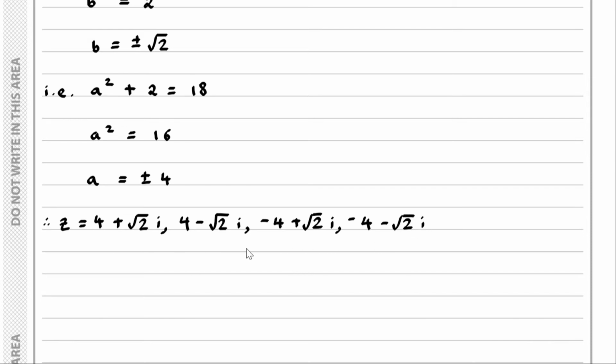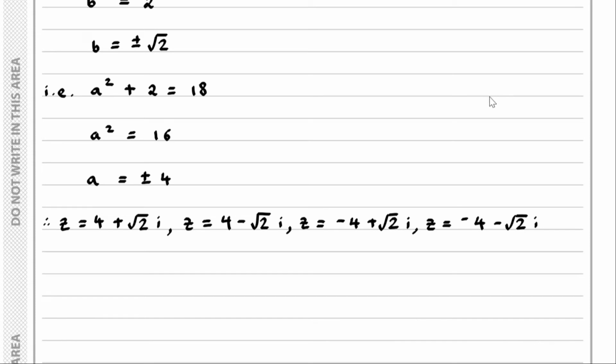We've got possible values of z over here, and let's just write them all down. So we have all our possible values of a and b.